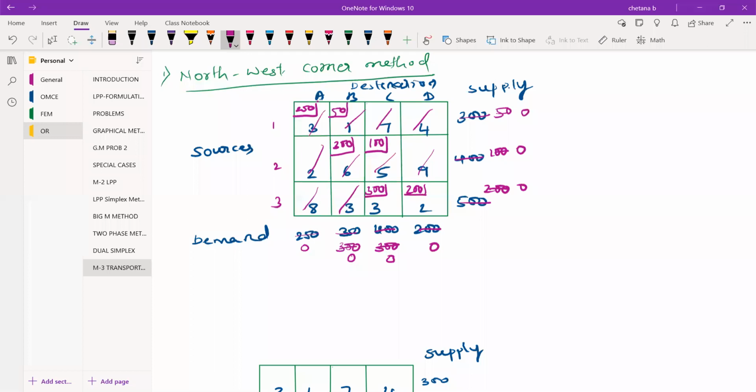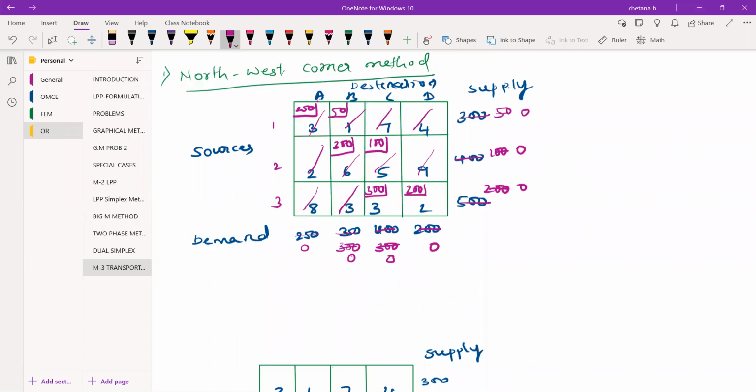Okay, so once this is done, then you need to find the cost of the initial basic feasible solution under the northwest corner. How to calculate the cost is, whatever allocation you have done, you need to consider those cells.